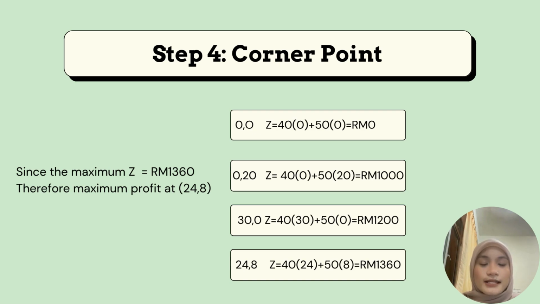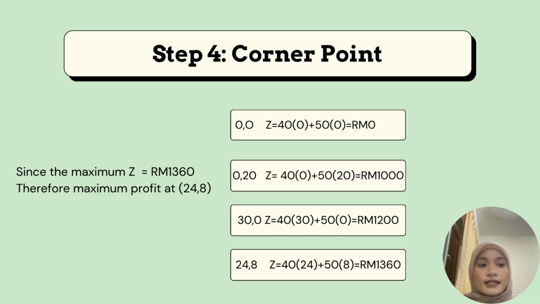Lastly, I will explain the last step, step 4, which is the corner points. Since we want the maximum Z, we get 4 corner points. The first one is 0, 0, which is 0 in axis x and 0 in axis y. Z equal to 40 multiplied by 0 plus 50 multiplied by 0, we get RM 0.